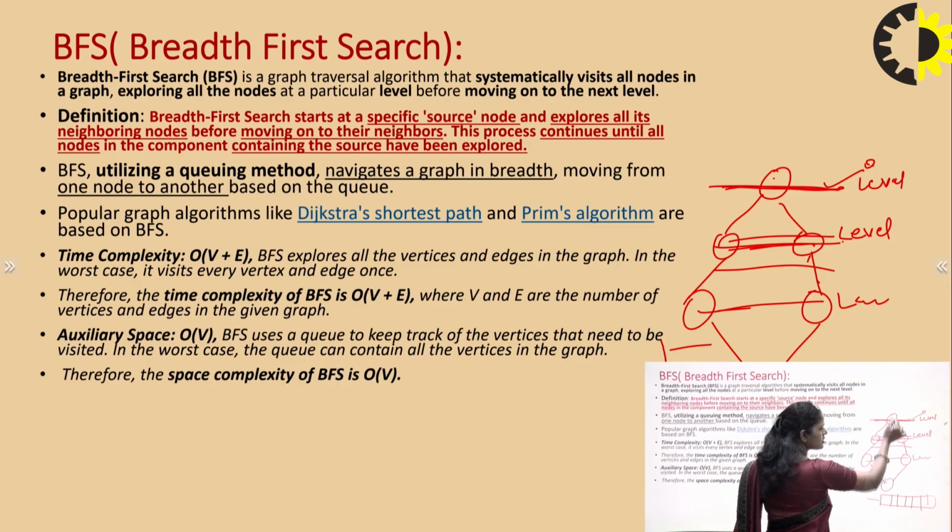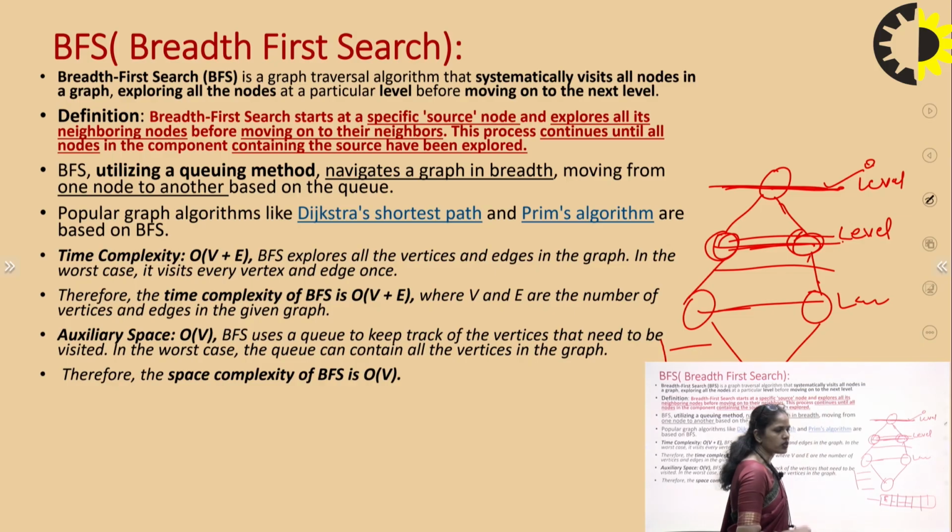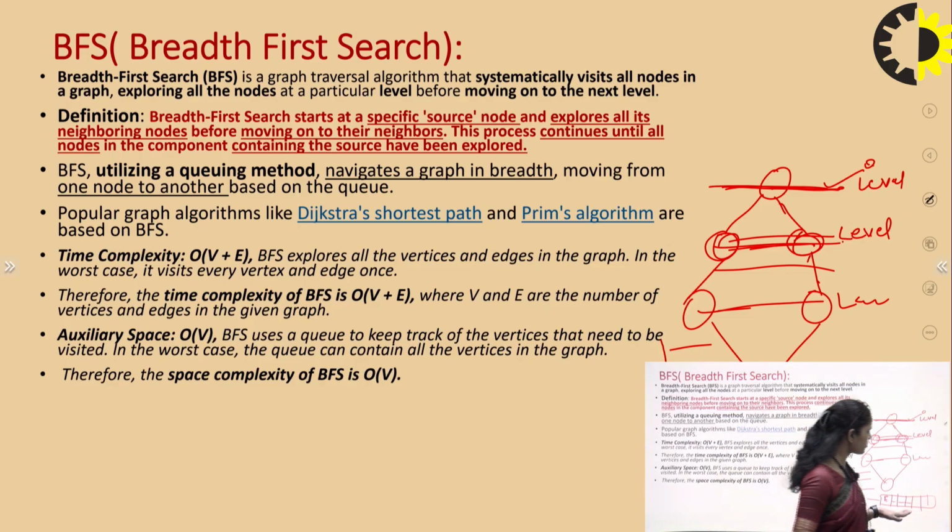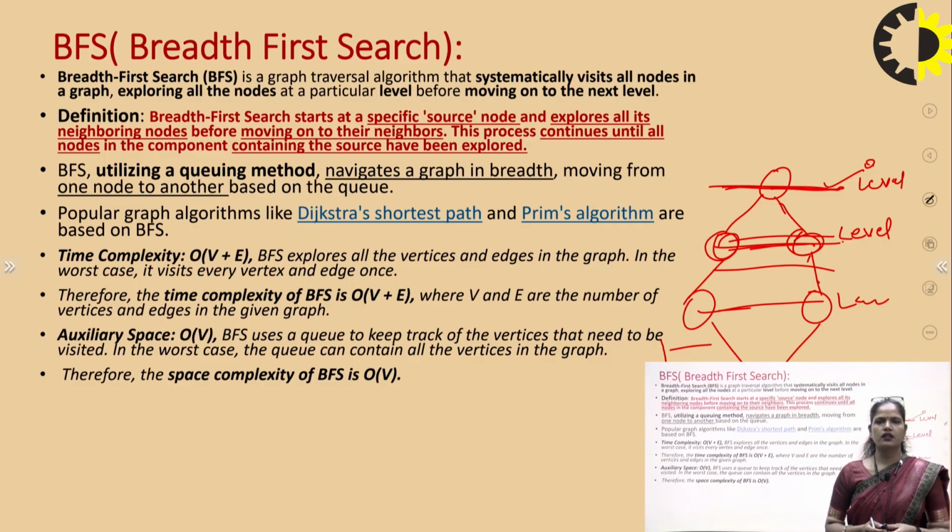First we visit a node and add it to the queue. Next we move on to the adjacent nodes of the prior node, so all the adjacent nodes connected to the previous node are visited using this structure. So basically this structure is the concept of a queue. The queue method is used to navigate and process BFS.